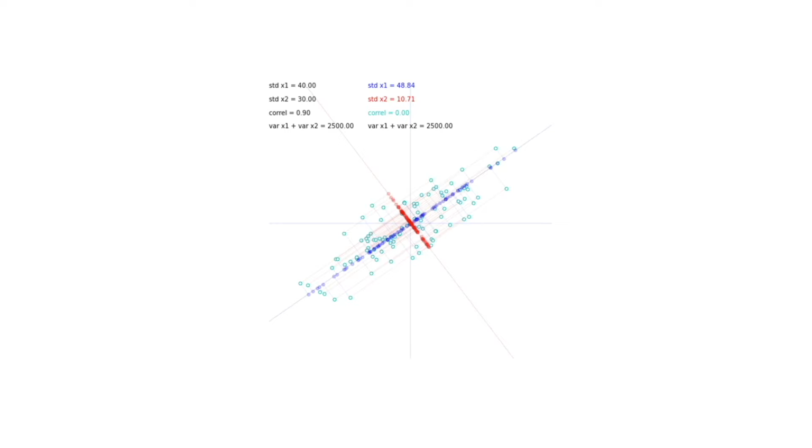PCA reduces dimension by truncating coordinates with low variation, drawn in red, thereby approximately locating data points, drawn here with cyan circles, only by their coordinates along the axis of high variation, drawn in blue. In practice, the dimension of a truncated subspace is often set such that the cumulative truncated variation, measured by the sum of the truncated eigenvalues, does not exceed a given tolerance epsilon.